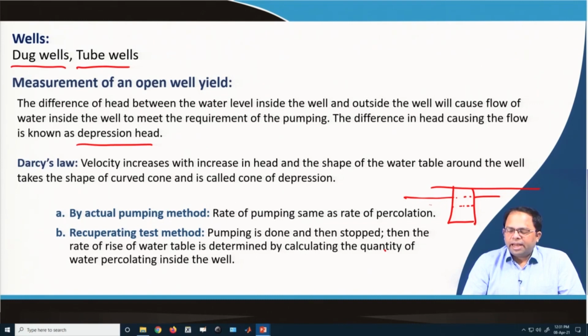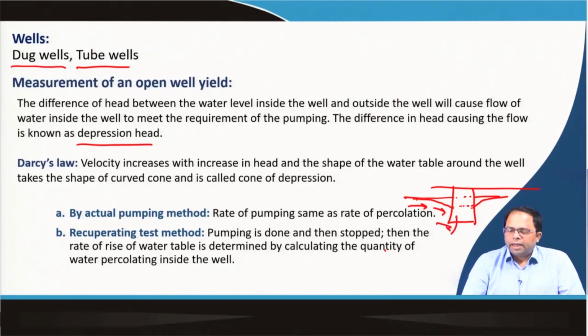So, we will see that this water table bends gradually, and this is where the water from the aquifer will start flowing into the well, right. And so, this water table actually gets bent, and why does this bend happen? Because the more the hydraulic gradient, the more the velocity, and the more the velocity, the more the bend.